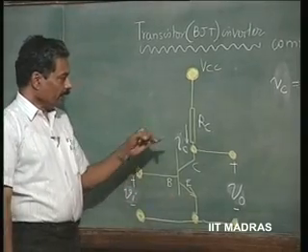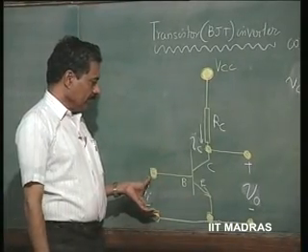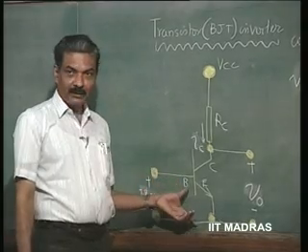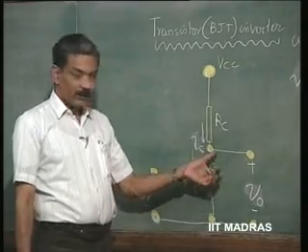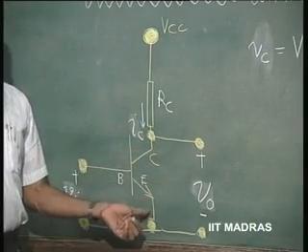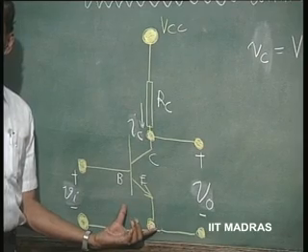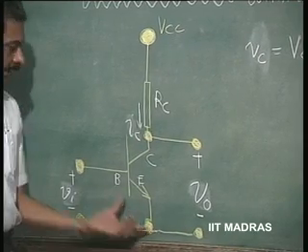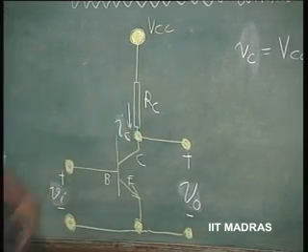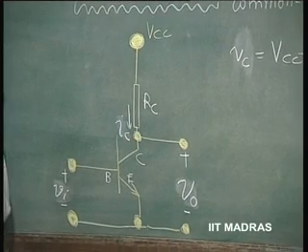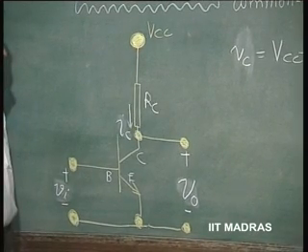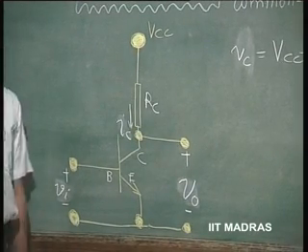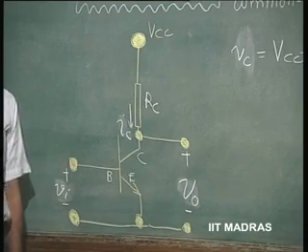So, we said input terminals correspond to base-emitter, output correspond to collector-emitter, emitter being common, it is called common emitter amplifier. And now, the relationship between the output voltage and input voltage can be derived, that is called the transfer function.